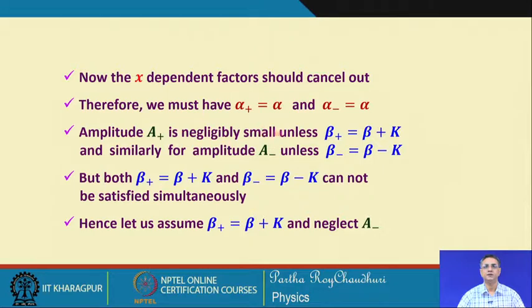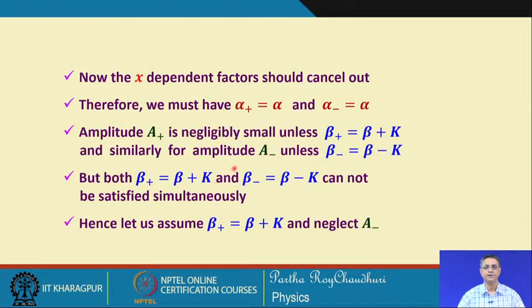So, that is what is here, beta plus equal to beta plus k and beta minus equal to beta minus k. But both these conditions cannot be satisfied simultaneously. They cannot coexist.